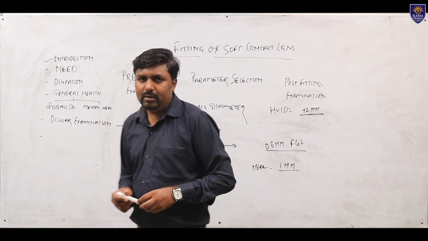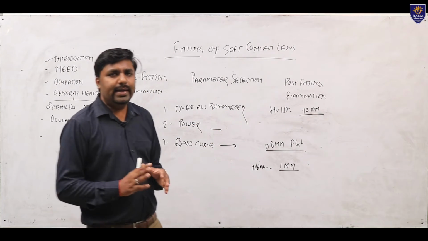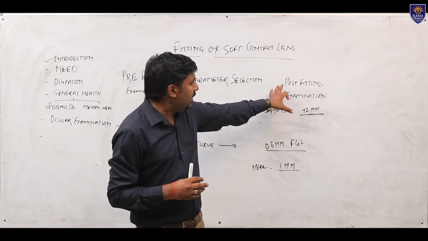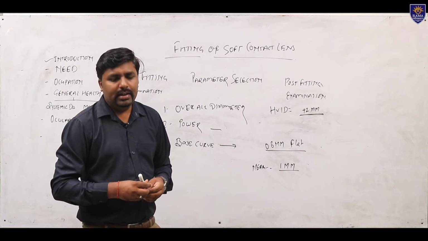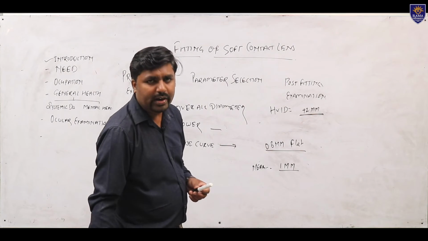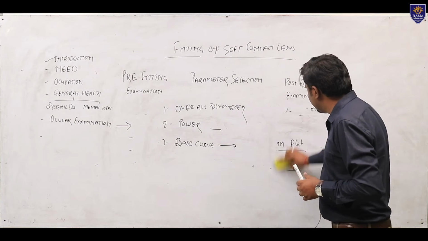After getting the parameter selection, we put the contact lenses on the eyes, and then we do the post fitting examination. In a post fitting examination, there are things which are required to assess.